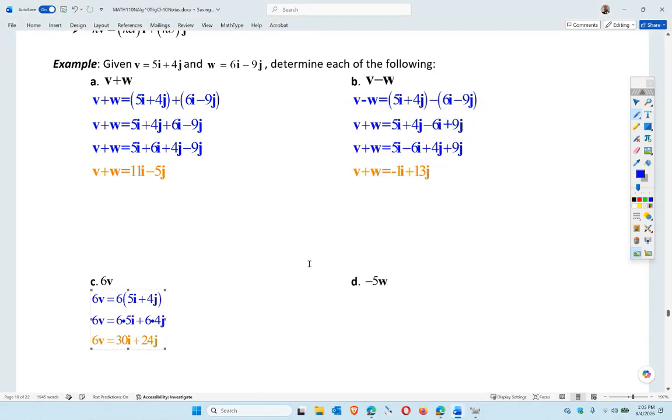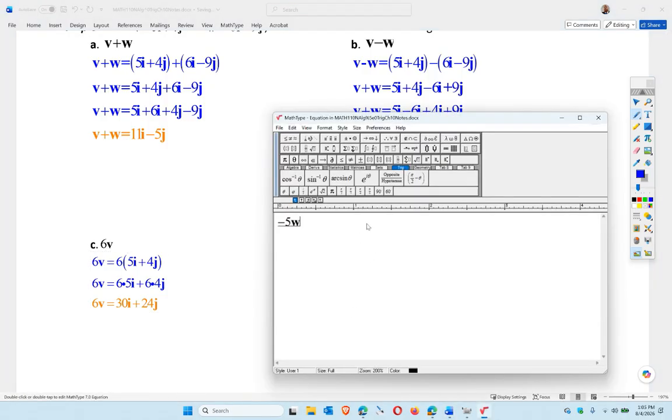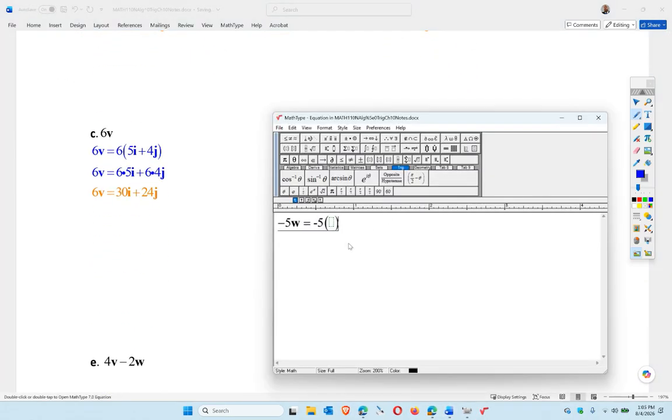Alright, what about -5w? So equals -5 times the w. We'll make sure this is math. We'll go get the w value. There we go. Okay, so what do we get? We get this vector times -5, so copy, paste. So -5 times this one, and -5 times this one.